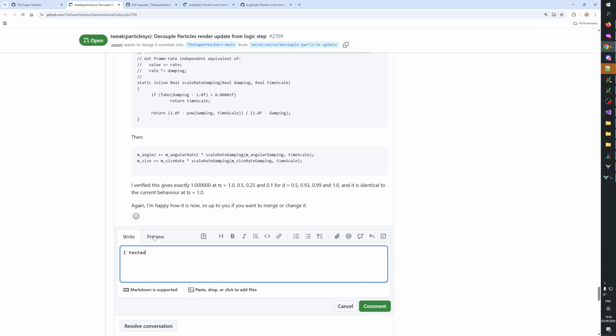I tested your suggestion and the status quo, and both look fine. But we're not really looking at angle Z, only at size, right?